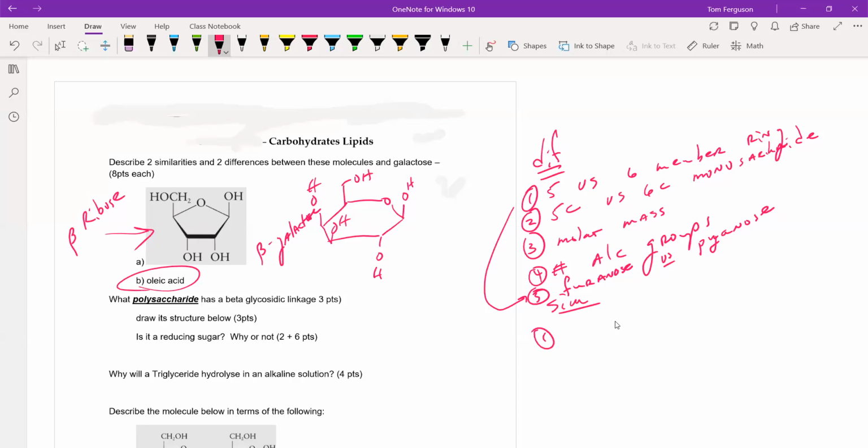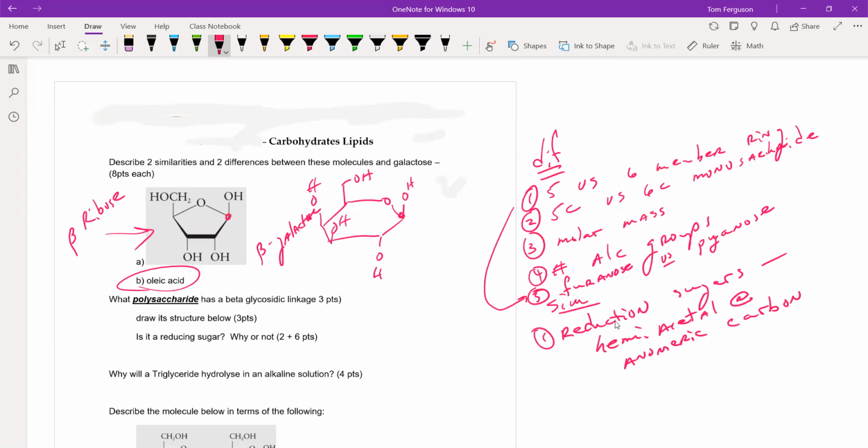Okay, similarities. Well, what about they're both reducing sugars. They have a hemiacetal at the anomeric carbon, which would be this guy here.